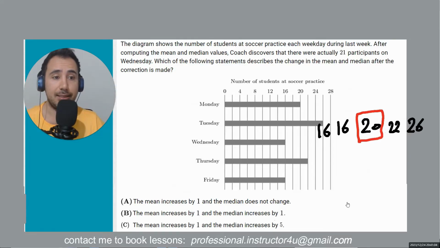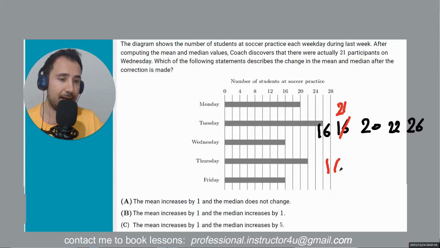Here it says one of the 16s is going to be crossed out, and instead of it we're going to write 21. So the numbers look like this instead. It becomes 16, then the second number will be 20, 20, and 21 becomes the third number. It will go right here: 20, 21, and the rest of the numbers, 22 and 26.